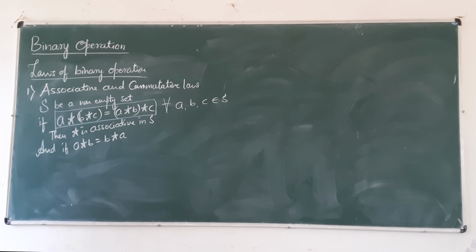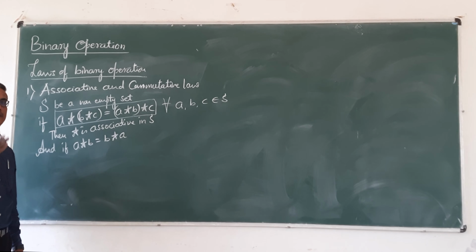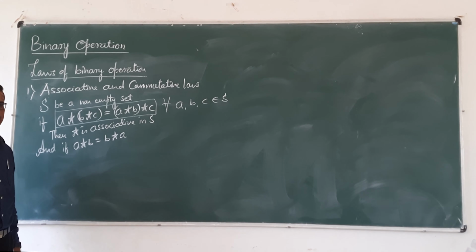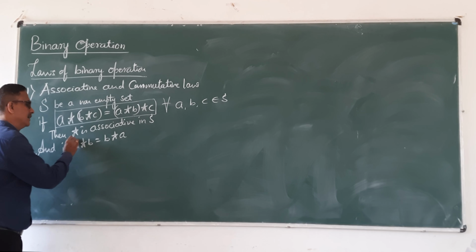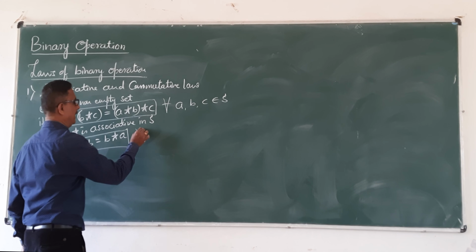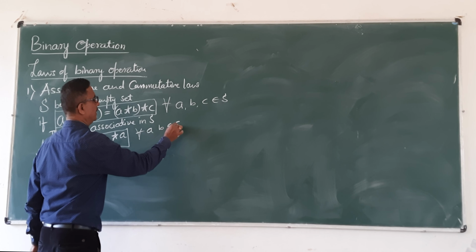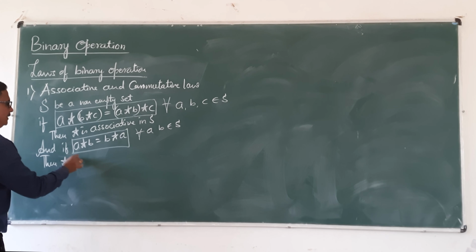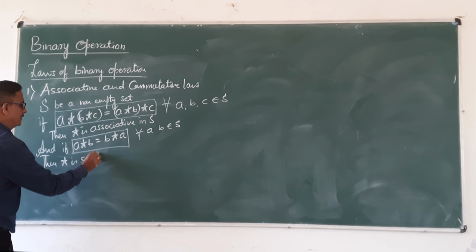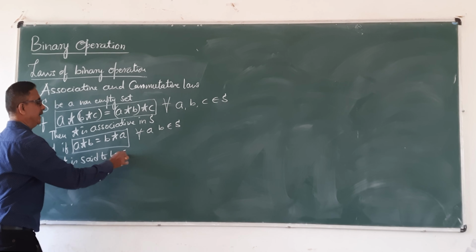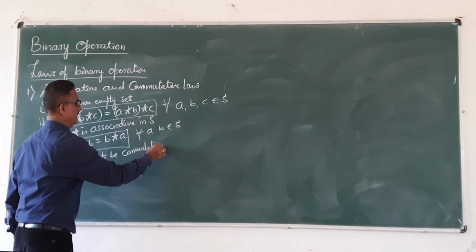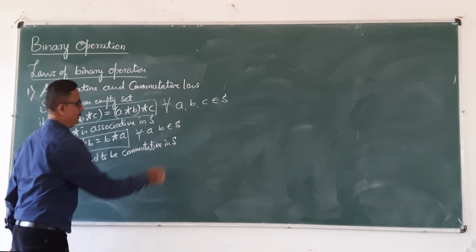For example, 1 plus 2 is same as 2 plus 1, or 2 into 3 is same as 3 into 2. Okay. In general, if A star B is equal to B star A, for all A, B belongs to S, then star is said to be commutative in S.